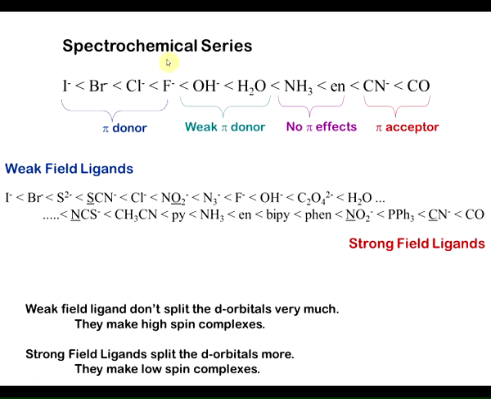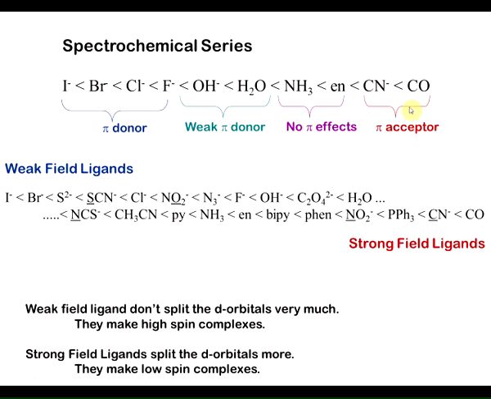And what they found was that typically pi donors are very weak. They call them weak field ligands. They don't split the d orbitals very much. So if they don't split the orbitals very much, you're much more likely to have high spin complexes. And those that have good pi acceptor abilities are much stronger field ligands.